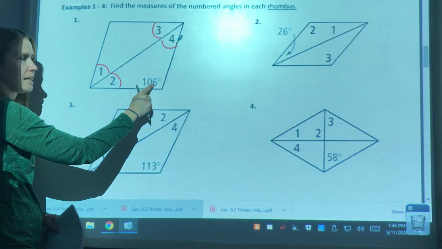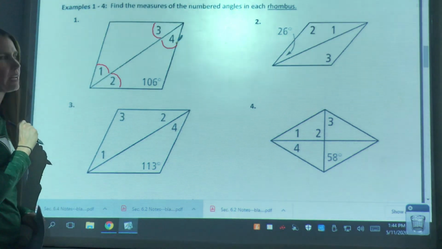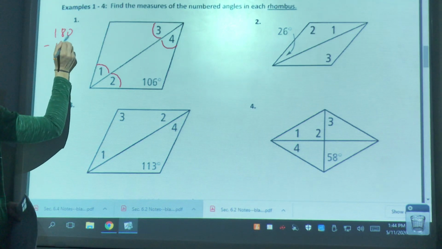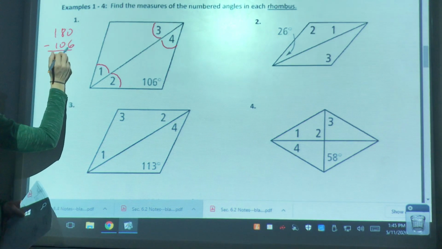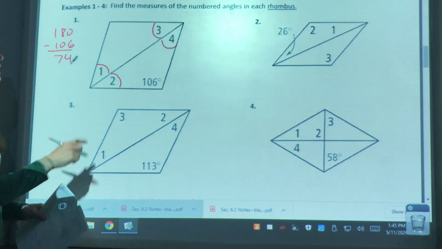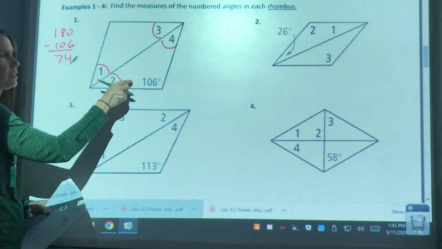So I know that this angle plus this whole angle has to add up to 180. So if I go 180 minus 106, then I get 74. So I know that this whole angle from here to here is 74.